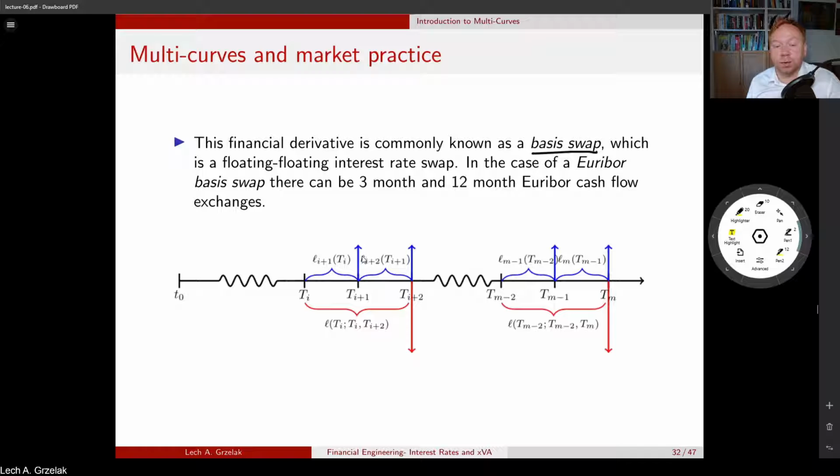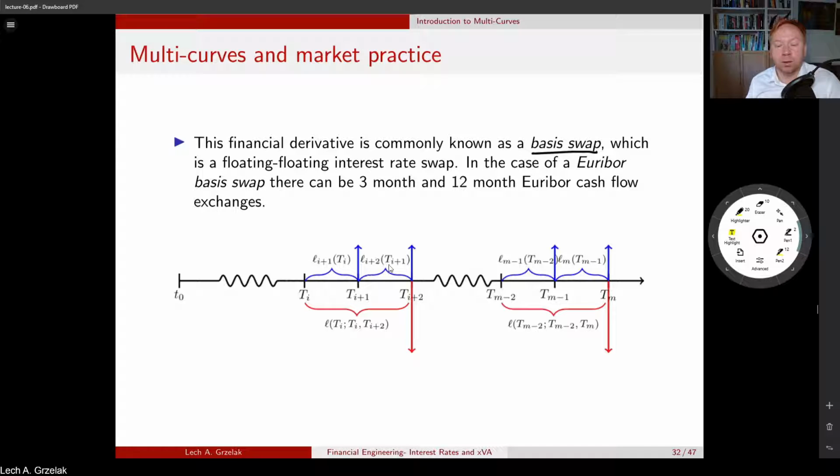In this case we have 3 for 6, but we could have, for example, 4 times a year, every 3 months, a float payment, and also once a year a 12-month payment. That will be a basis floating for floating swap, 3 versus 12, or for example 3 versus 6. And of course the combinations between the two, 3 versus 6, 3 versus 12, will be different basis swaps, and those will show you exactly what the relations between different curves are.